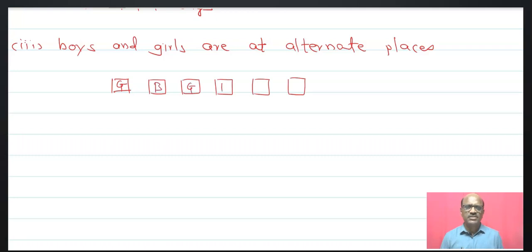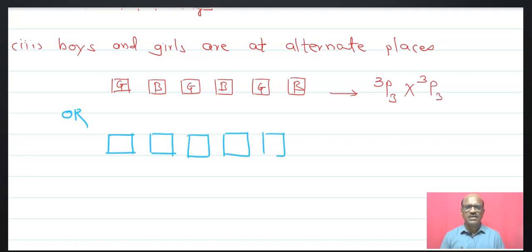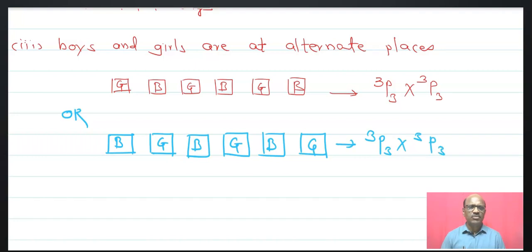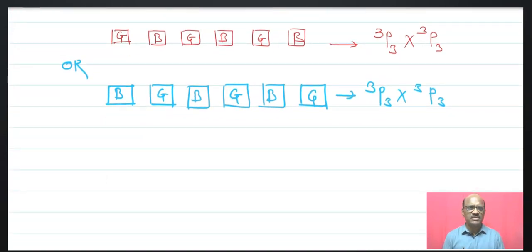First G, B, G, B, G, and B. Now this can be done in 3P3 and 3P3 ways. Or in the second position, they can be written as starting with boys, that is 3P3. Boys can be placed in 3P3, girls can be placed in 3P3 ways.